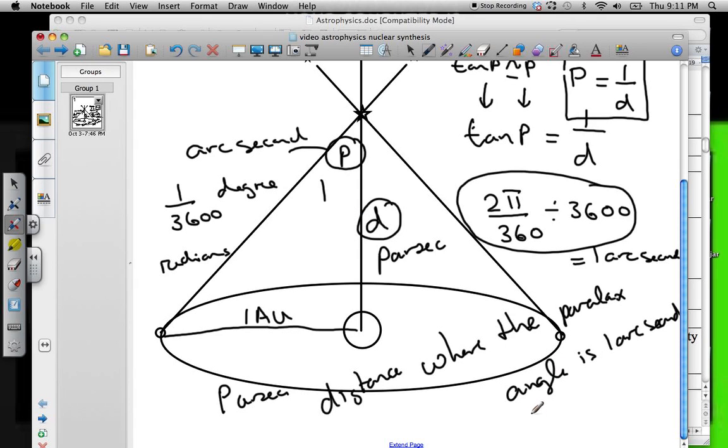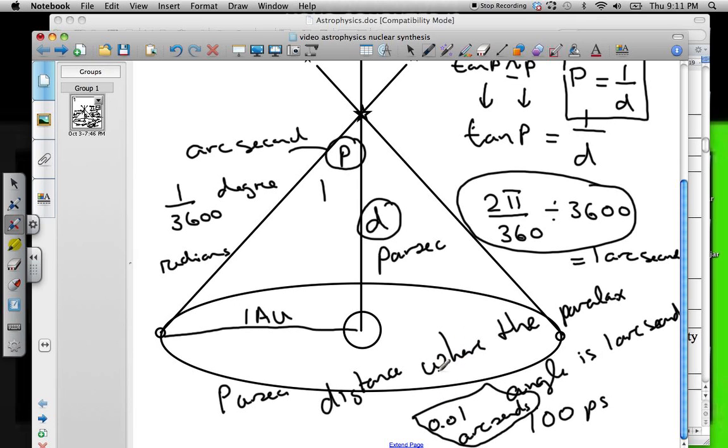They can use this up to about 100 parsecs. So that's like 0.01 arc seconds that has to be measured. Very, very small angle, and we can see that's why there's a limitation of this.